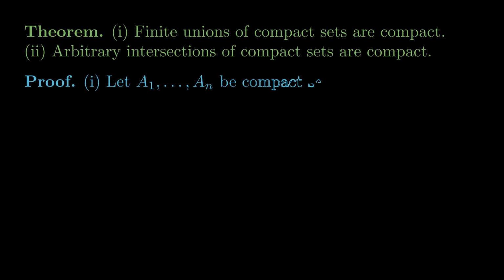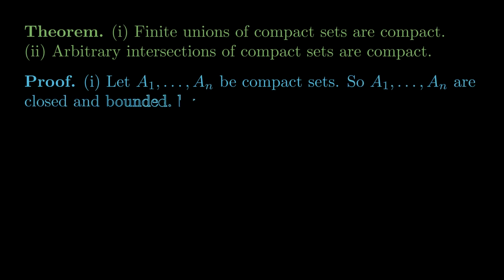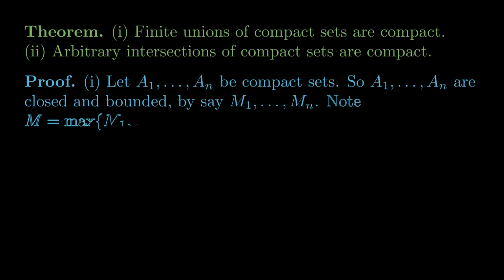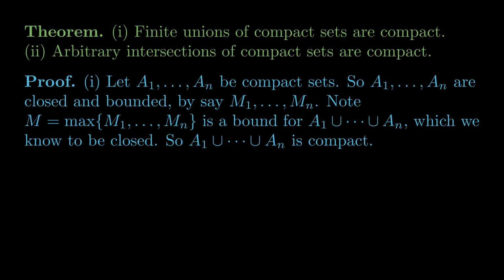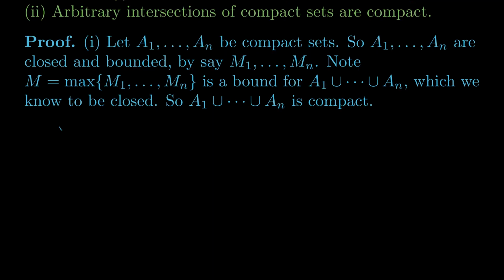Let A1 through A n be compact sets. So A1 through A n are closed and bounded by, say, M1 through M n respectively. Taking M to be the max of M1 through M n, M is a bound for their union, and we know their union to be closed, and so their union is compact. For the proof of the second part, let A lambda be a compact set for each lambda in capital Lambda.